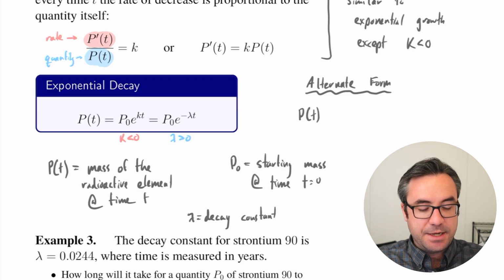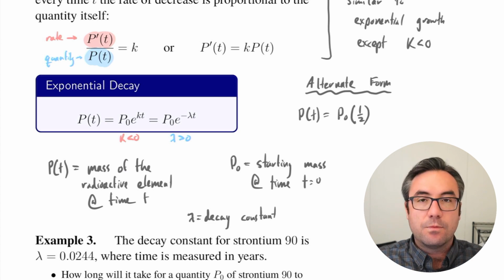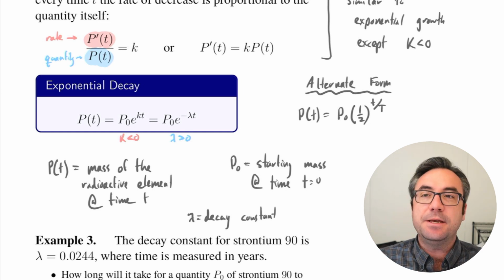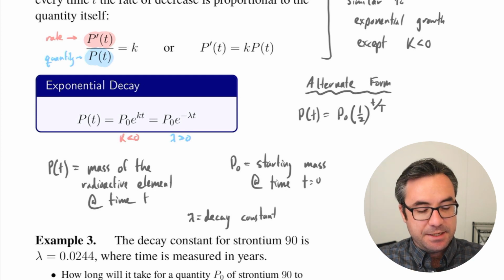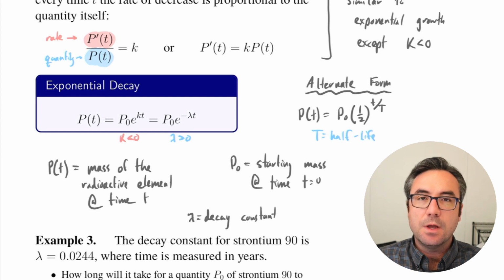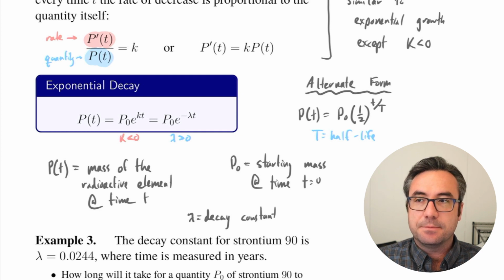In this case, P of t is equal to the initial population times the exponential function with base 1/2 raised to t over capital T, where capital T is the half-life of the radioactive element, another physical characteristic of the element that we'd be considering.